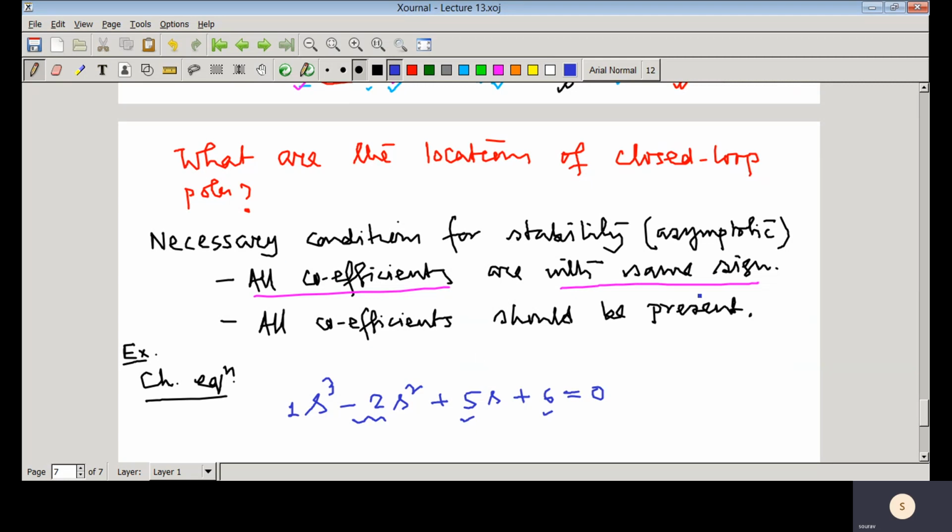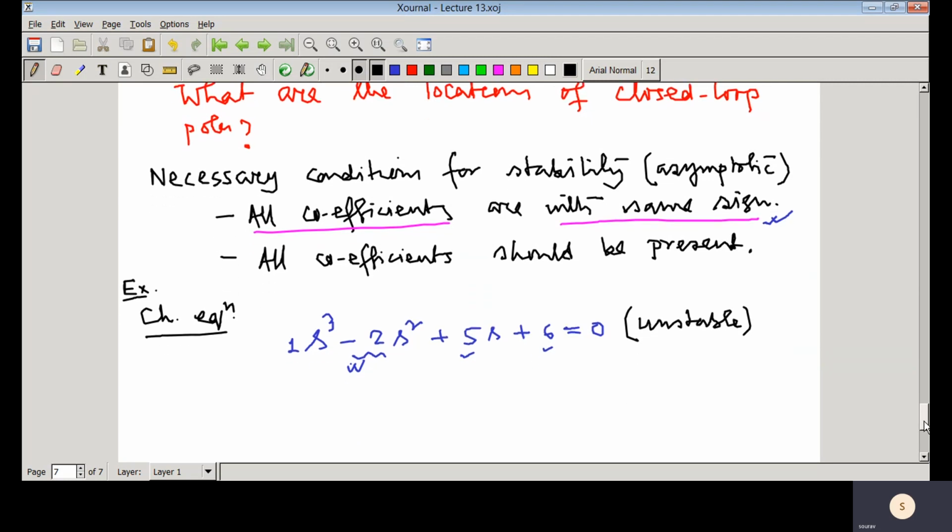The first condition is violated, because all the coefficients are not with the same sign; minus 2 is there. So if you find the roots of this characteristic polynomial, you will see that at least one of the roots would be on the right half of the complex plane, that is, the s-plane. So the system would be unstable. No need to find the location of the roots, because the necessary condition is violated.